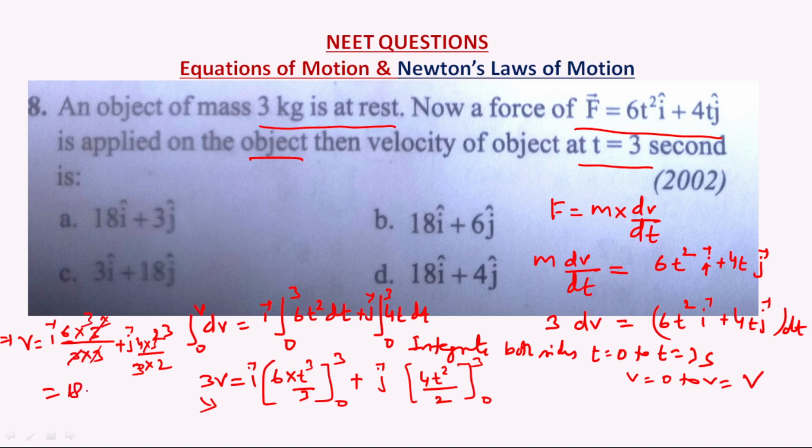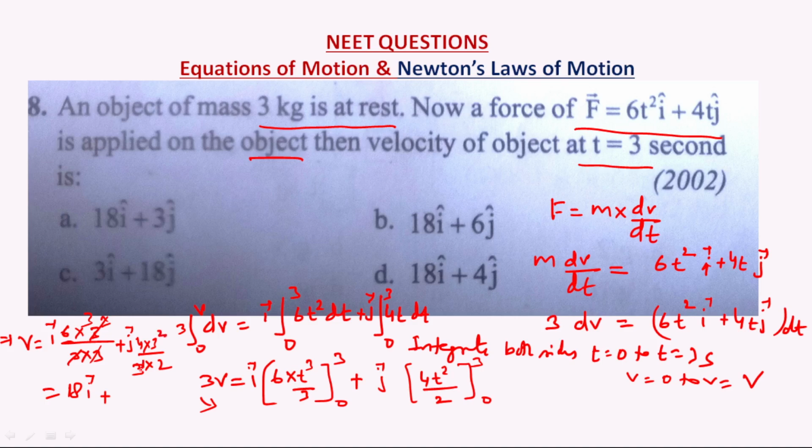So 18i plus, 3 square is there at the top. Let us not get confused. Here it is 3, so 3 square is there.